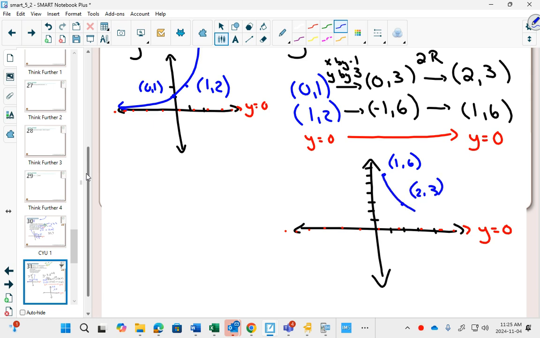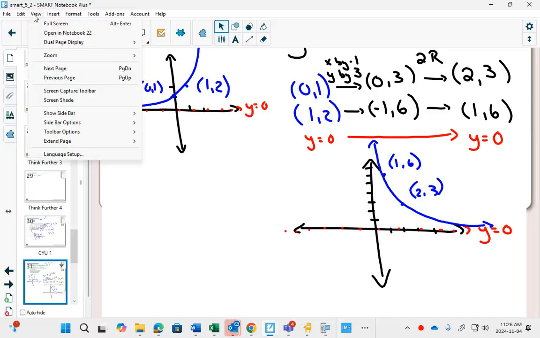These are going down, so we know that it's going to go down towards our asymptote and up in this direction. This is our new graph, using our transformations from chapter 3 and our original parent graph.